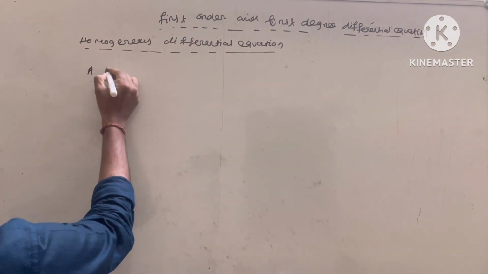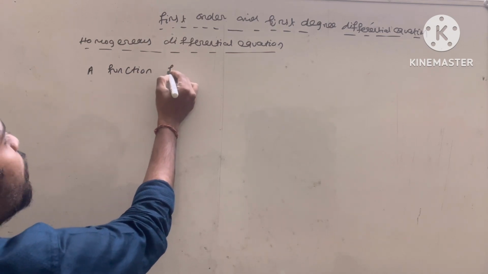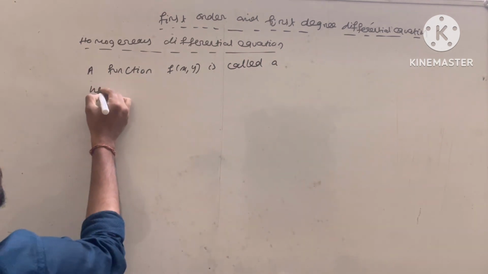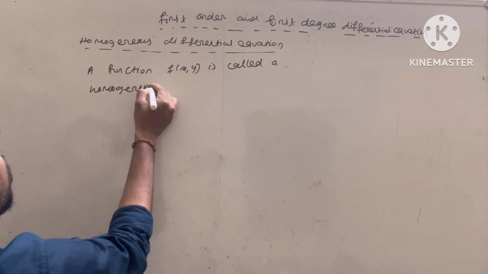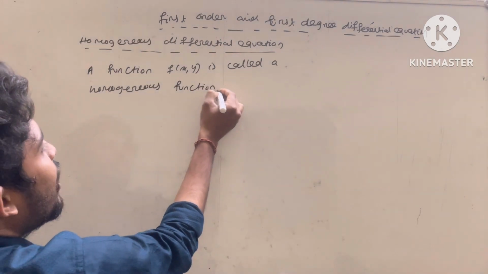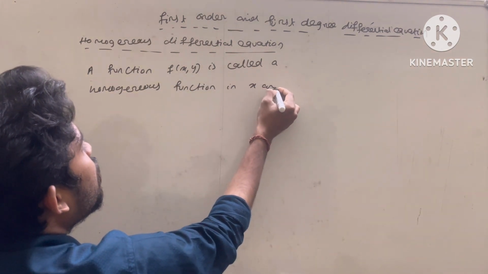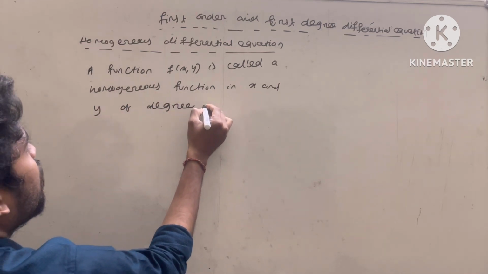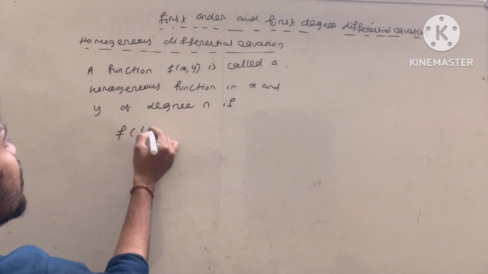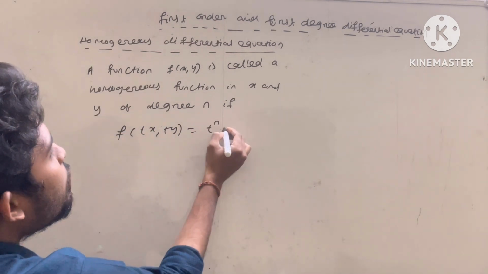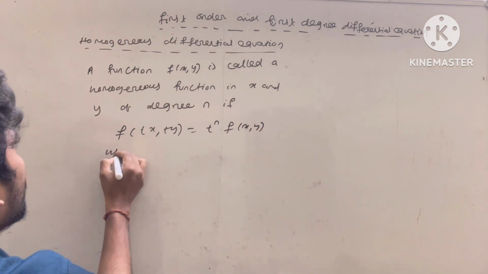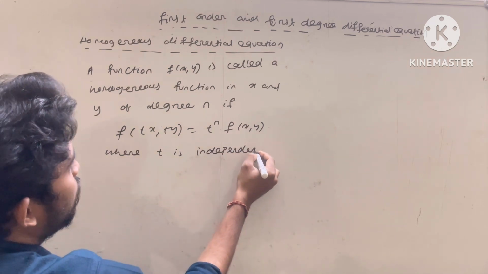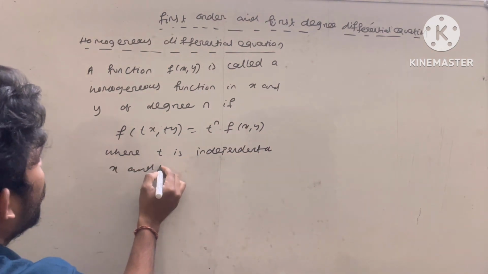A function f(x,y) is called a homogeneous function in x and y of degree n if f(tx,ty) is equal to t to the power n times f(x,y), where t is independent of x and y.